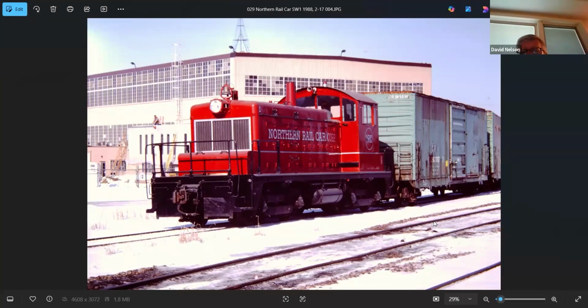They would get damaged cars or cars to be worked on from the Chicago Northwestern or Union Pacific. And once they were done with their work, they would interchange them back with the UP or CNW. The tracks that I'm standing on are UP tracks, formerly Chicago Northwestern.